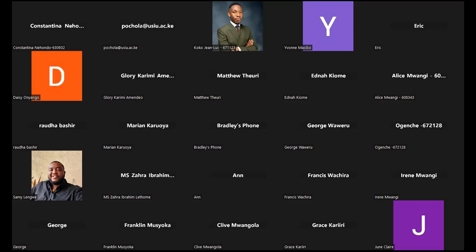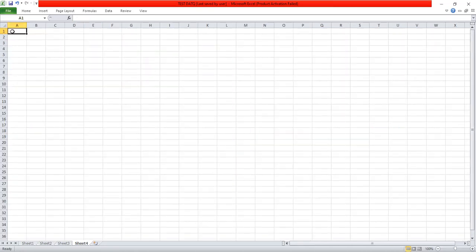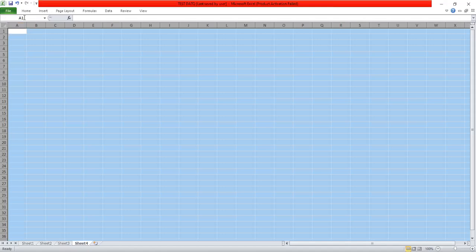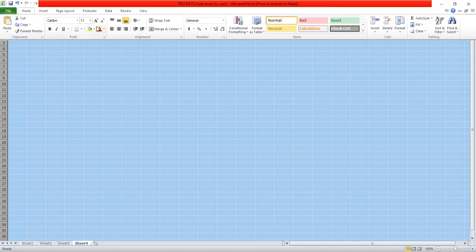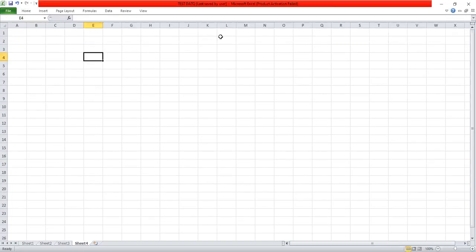You go to Excel, Microsoft. So we are in Excel. We are calculating R, Karl Pearson's correlation coefficient R, which is here.